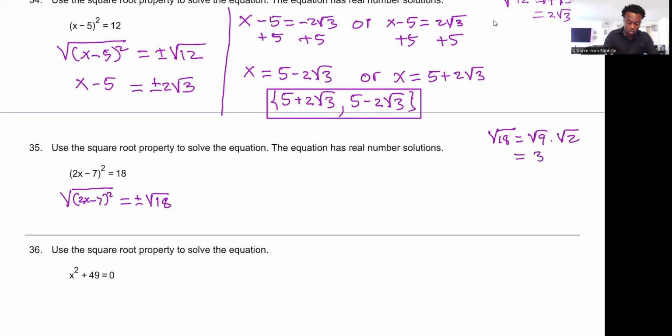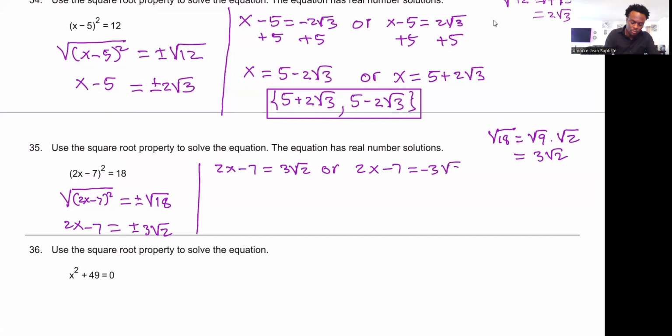So that's 3 square root of 2, right? And then that's 2x minus 7 equals plus minus 3 square root of 2. And then now we separate the equations. 2x minus 7 equals 3 square root of 2, or the other equation will be 2x minus 7 equals negative 3 square root of 2, right?